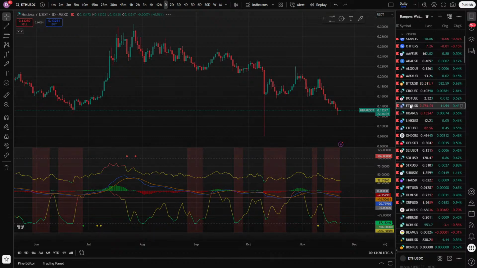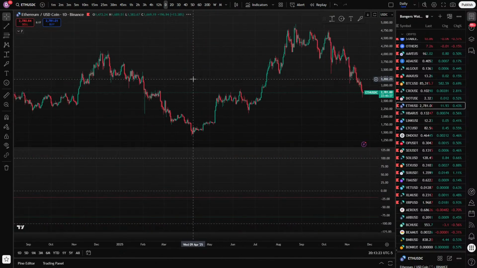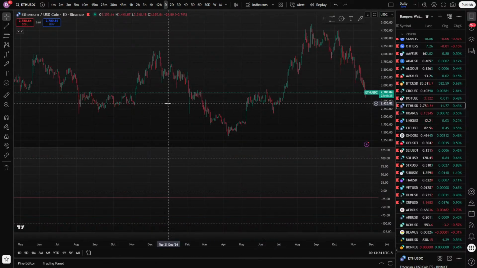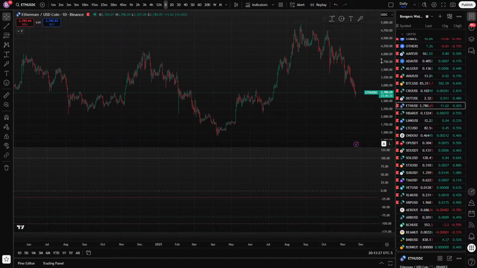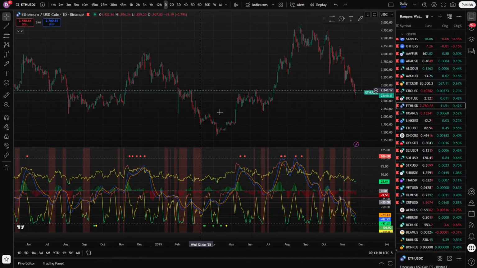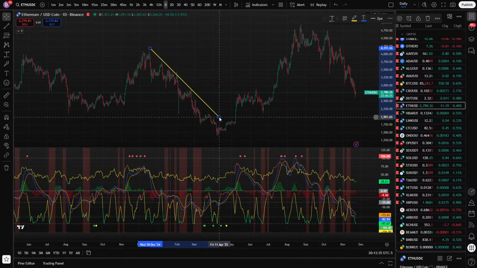Again, I love looking at this. Whenever I have to go back and retune the indicator on a different time frame, I will always go back and look at this down channel right here from Ethereum. We went from December all the way to April in this channel, and we only got one green dot that fell outside of it.